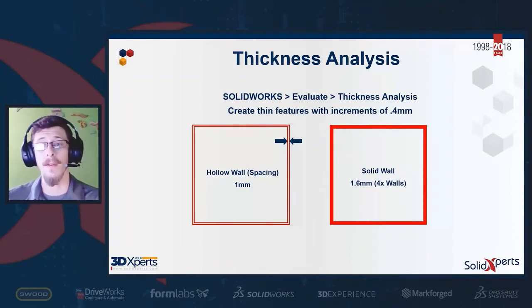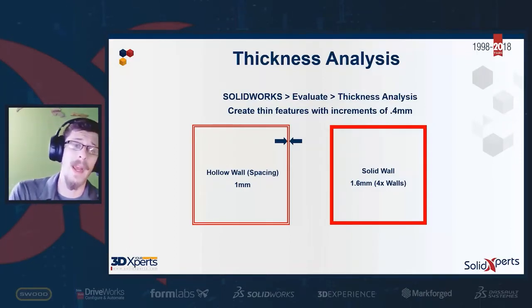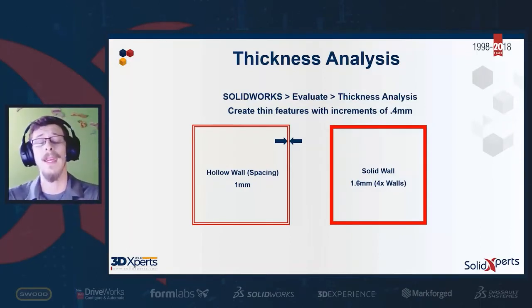Now, if we know the size of the nozzle, so if we know it's a 0.4 millimeter nozzle, we can work in factors of 0.4. So if I was going to create a feature, say it's going to be 1 millimeter, I should really bump it down to 0.8 or go to 1.2 to keep factors of 0.4 so that there are no gaps. That being said though, a lot of manufacturers do not like to have very small features because they're not strong.